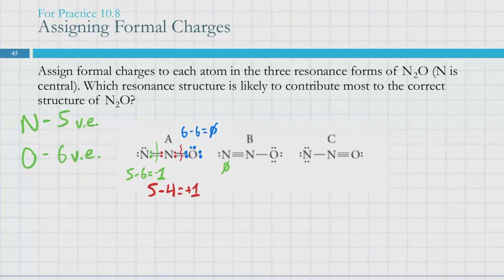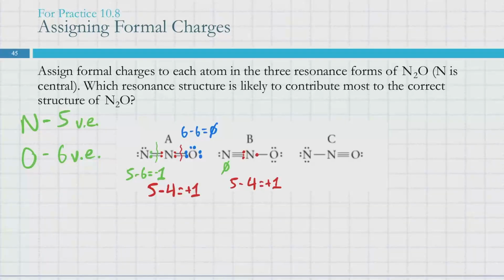It wants to have 5. It's right on target. Our nitrogen in the middle wants to have 5. It only has 1, 2, 3, 4 from the 4 bonds that it's participating in. So it's going to have a +1 for its formal charge.